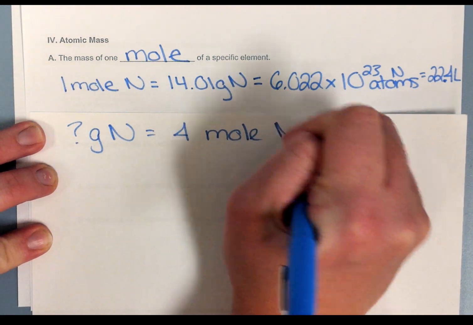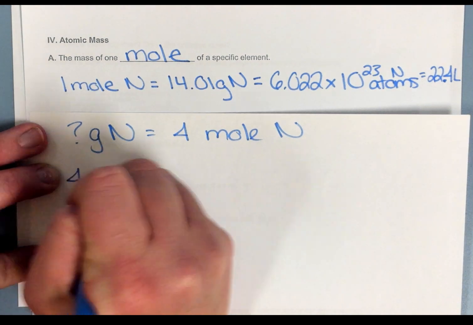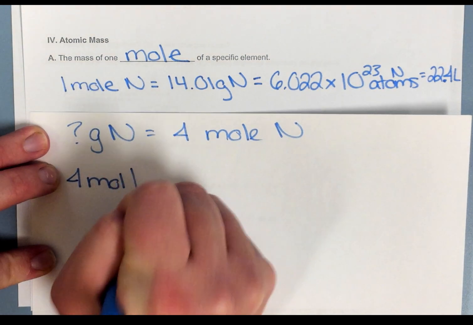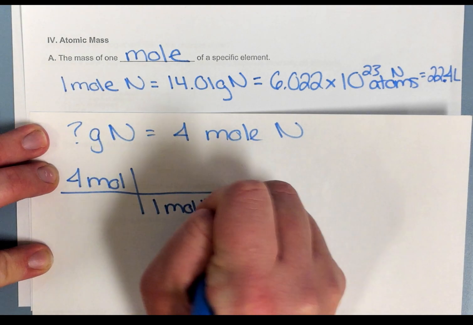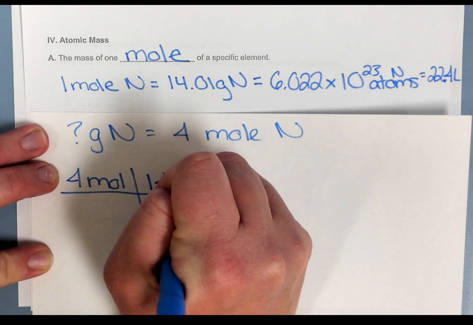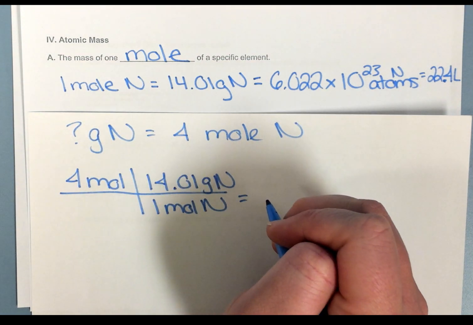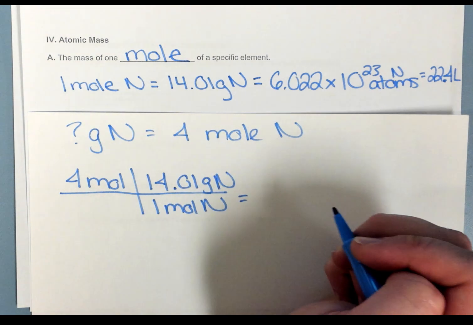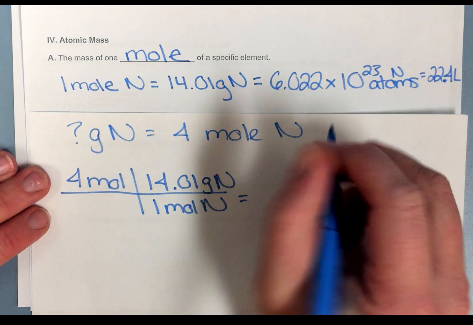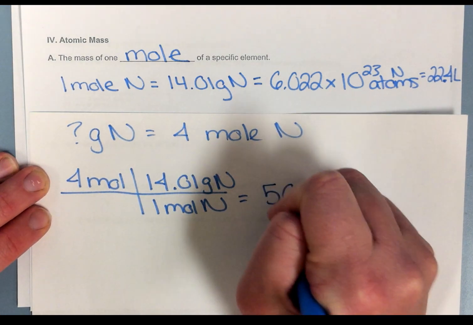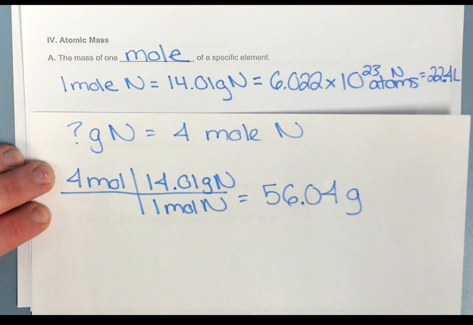So just like we've been doing before, we take our 4 moles of nitrogen and 1 mole of nitrogen is equal to 14.01 grams of nitrogen. So we'd multiply our two numbers together, and we'd find out that 4 moles of nitrogen has a mass of 56.04 grams.